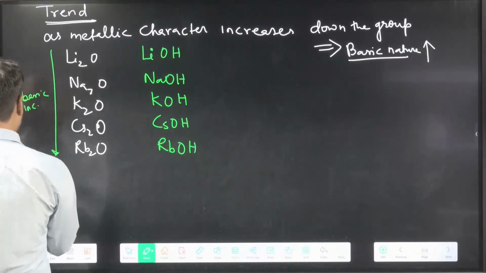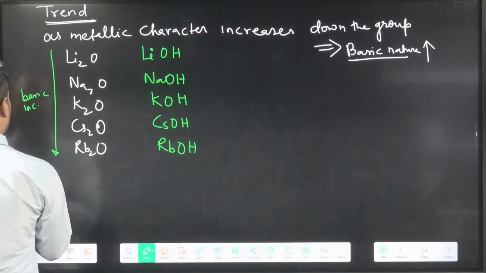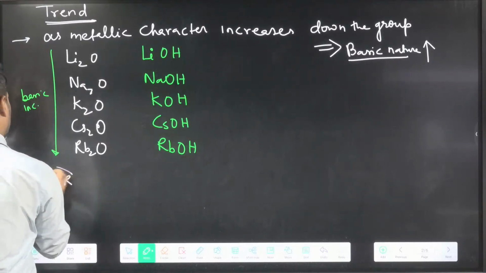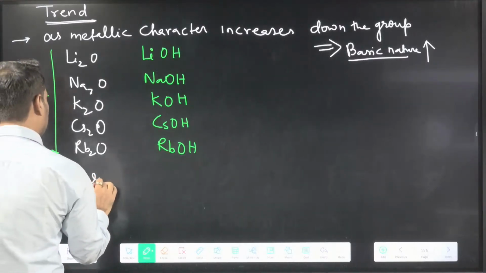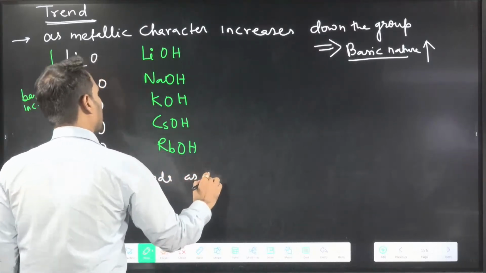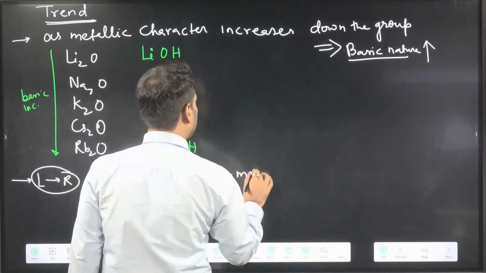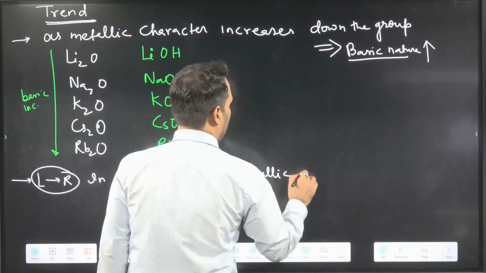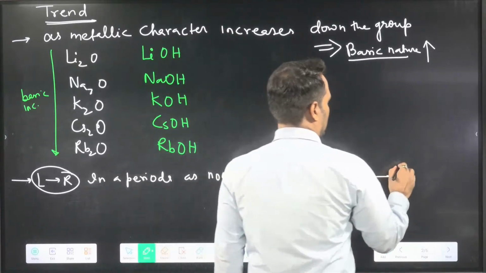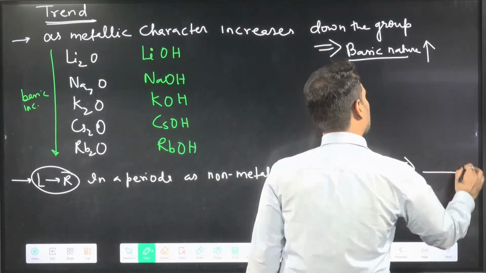Let's talk now about a period. In a period, left to right. So in a period, as non-metallic character increases, what will you say? As non-metallic character increases, that implies dash increases.